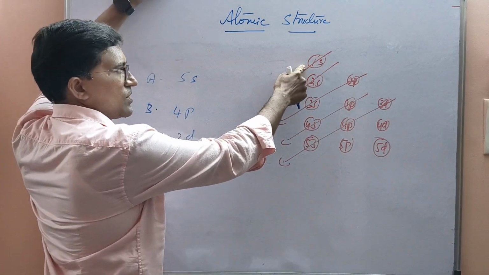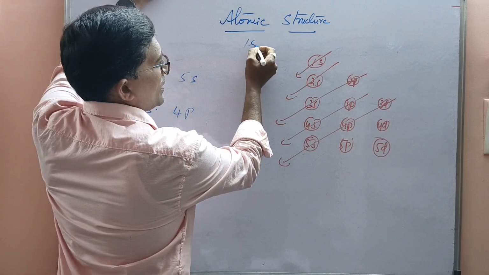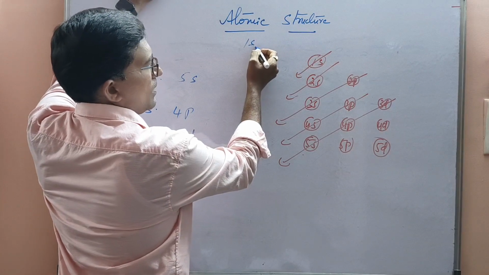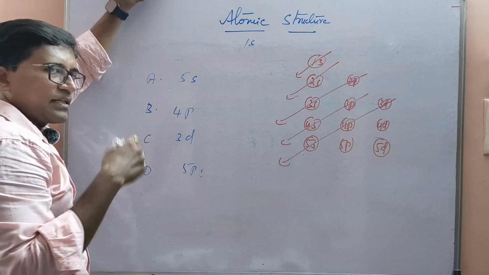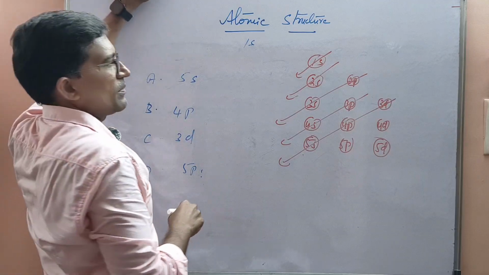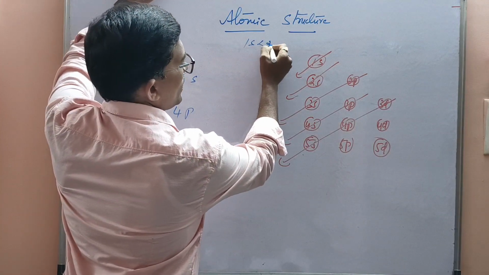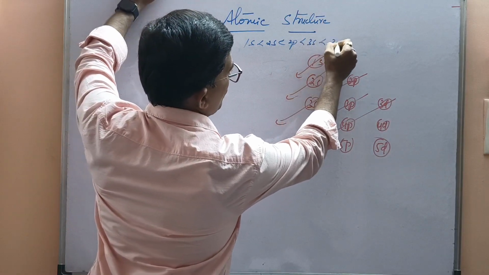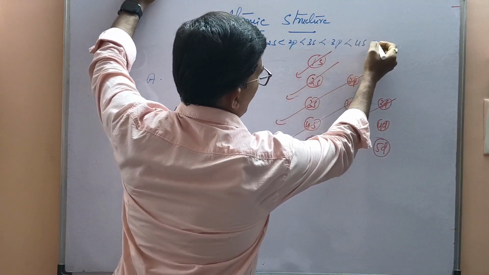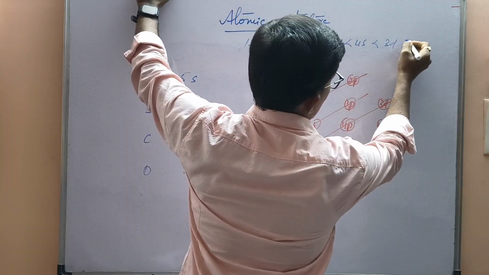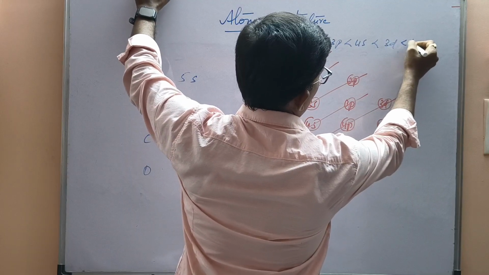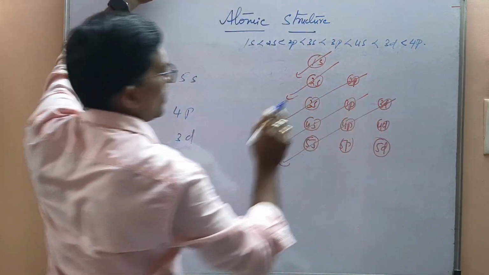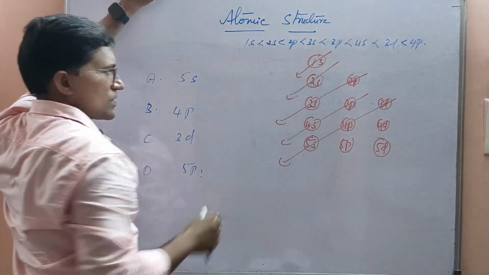First 1s, the least energy. This is the order of filling of electrons in increasing energy levels of atomic orbitals. 1s is less than 2s. 2s is less than 2p. 2p is less than 3s. 3s is less than 3p. 3p is less than 4s. 4s is less than 3d. 3d is less than, next, 4p, and so on.